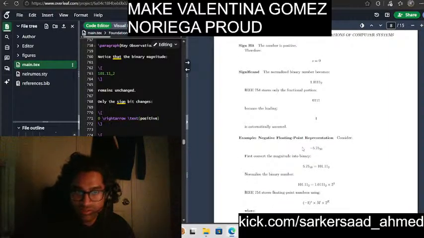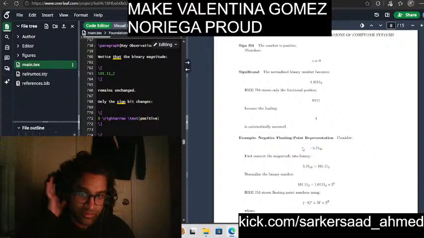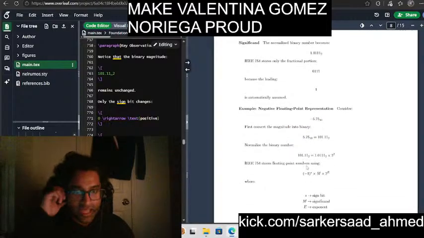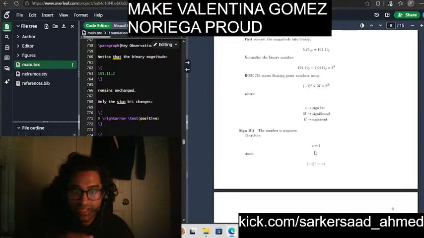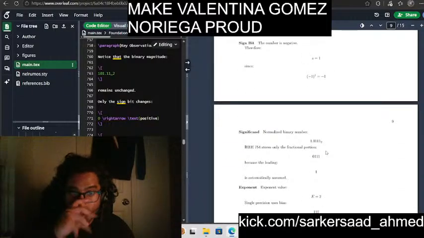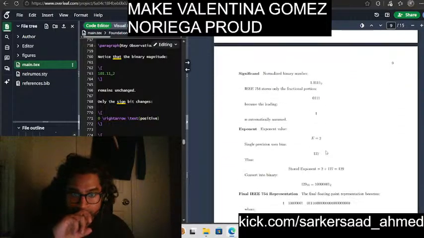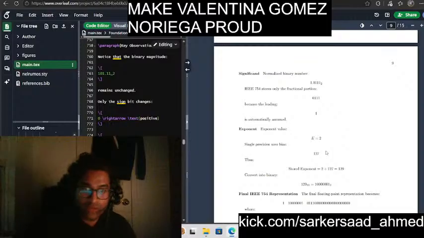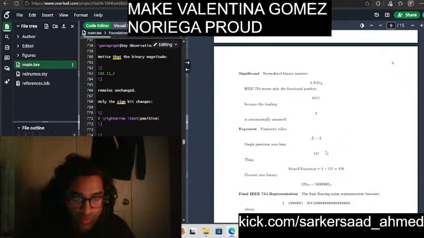And the negative values. Consider minus 5.75. So first convert the magnitude to binary. And now, because it's minus 5.75, S will be 1. So let's say exponential value E is equal to 2. Single precision uses bias, so 127. Thus, stored exponent would be 129.